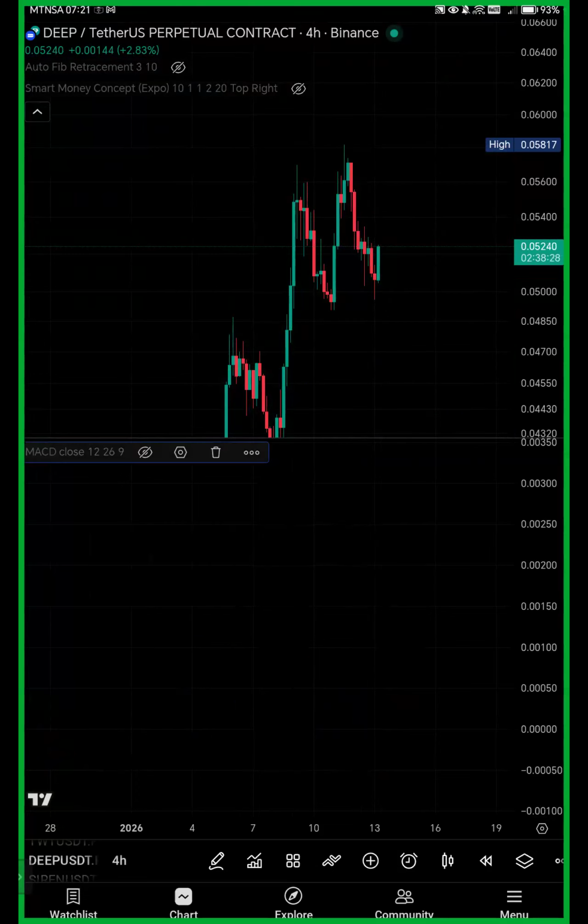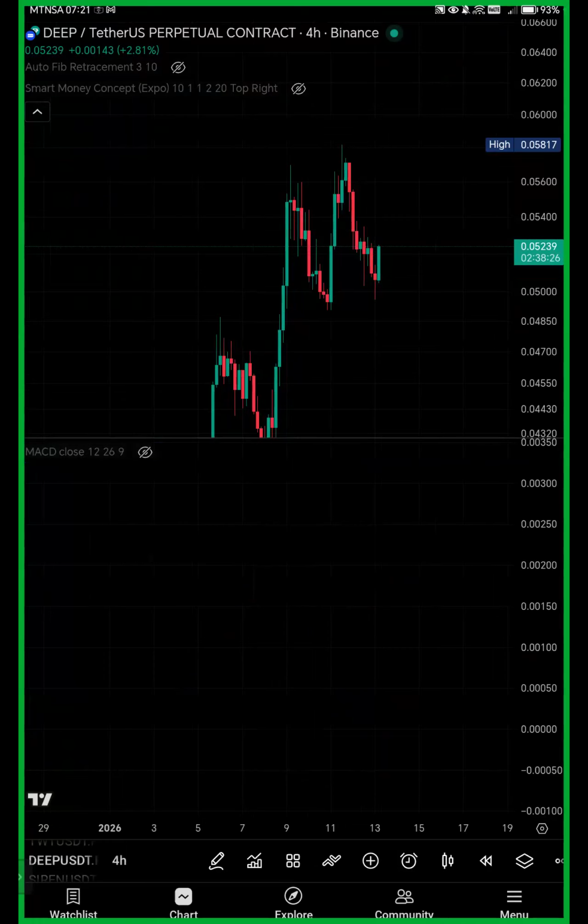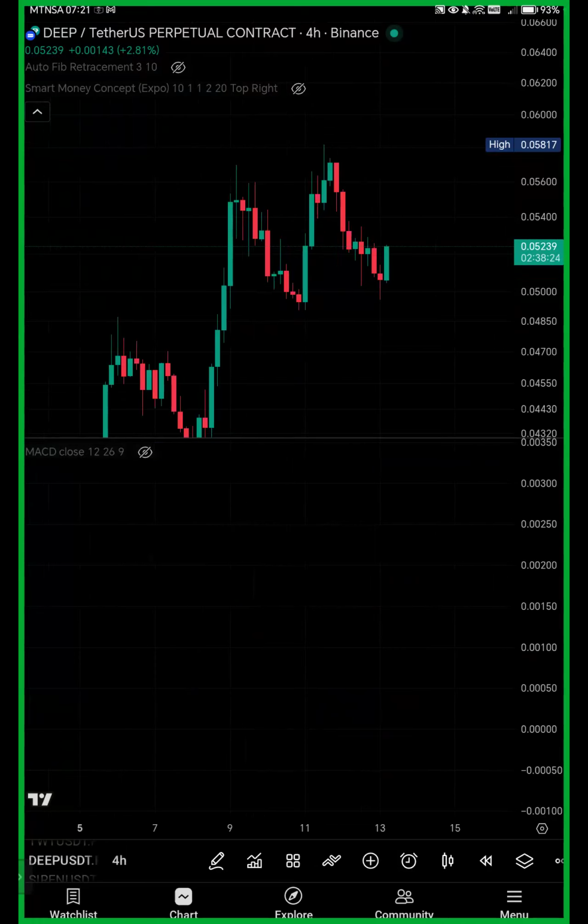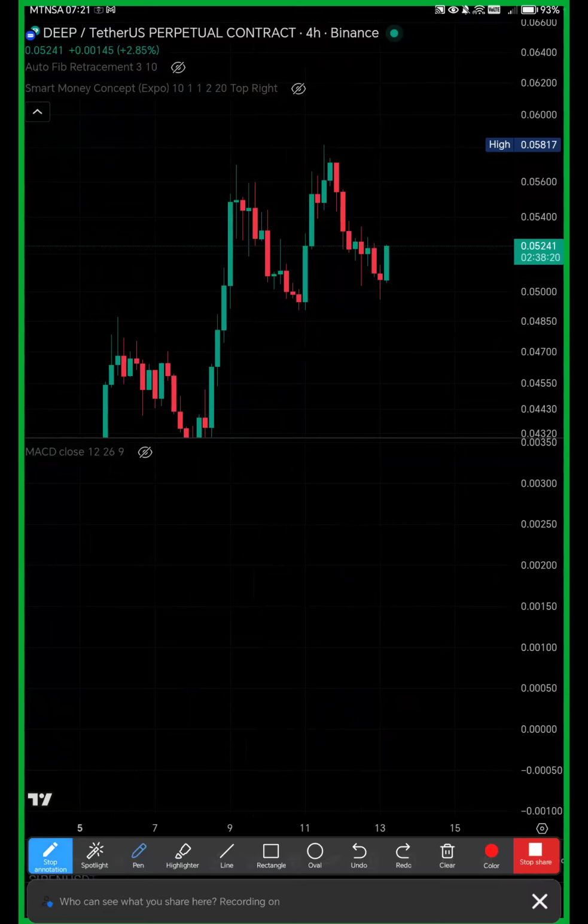All right, so I was trying to establish how a bearish engulfing bar looks like in the real market.